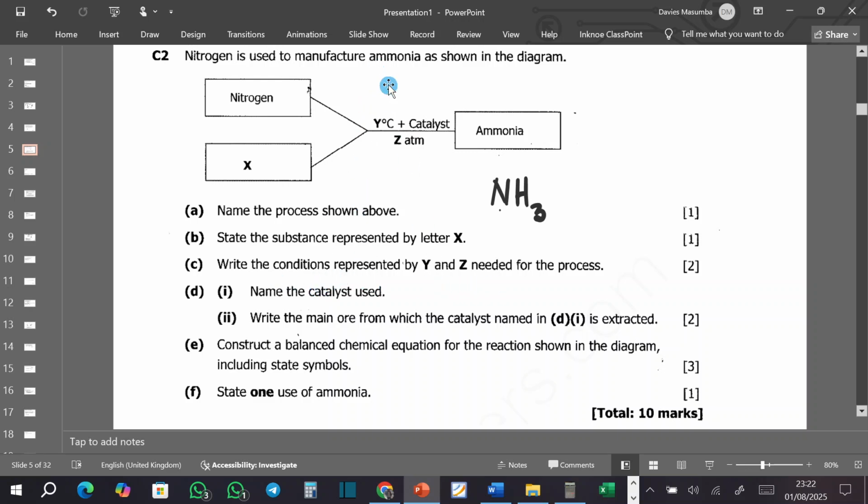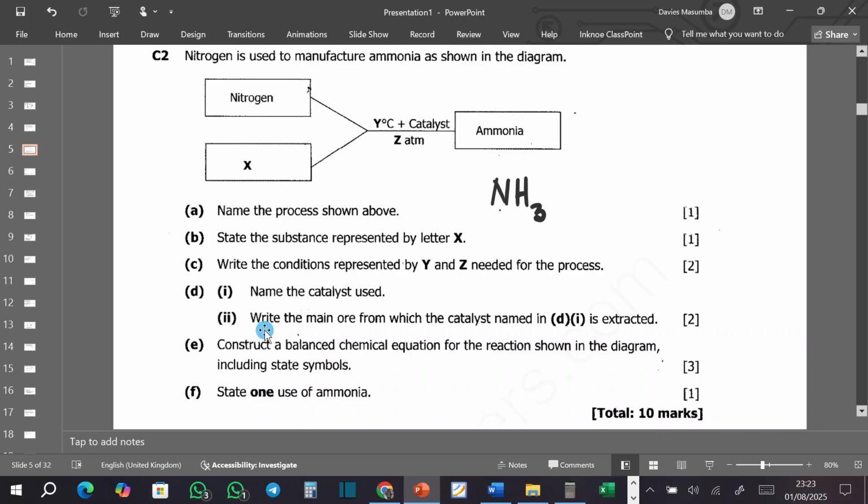It means that in science, especially physics and chemistry, they like mixing questions from different topics. That's why it is very important that as you go to an exam, you revise almost each and every topic, not only those in the prediction, because some questions might come from other topics you did not predict.